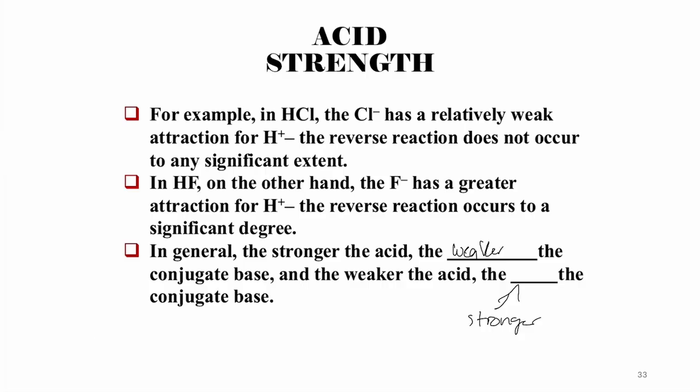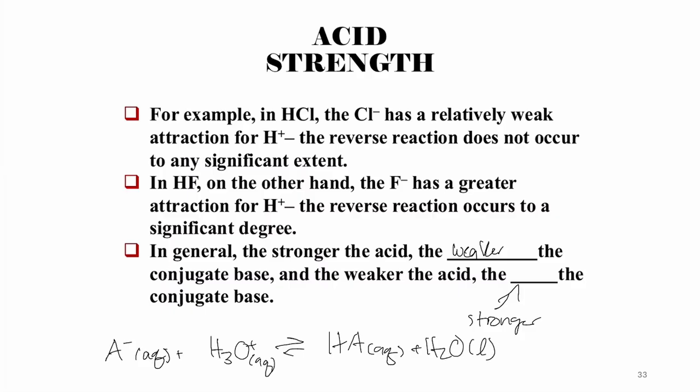And that's because the reverse reaction is going to be something like A minus aqueous plus H3O plus aqueous goes to HA plus water. So in this case, if we're thinking about the Bronsted-Lowry definition of acids and bases, what is this acting like?